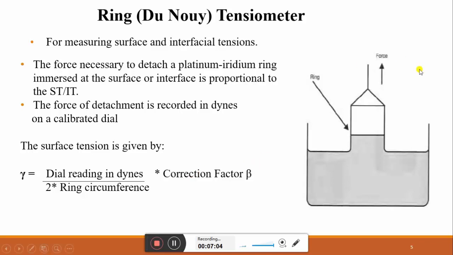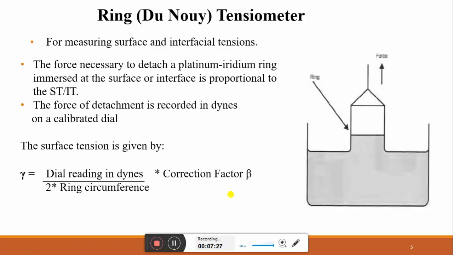Here the correction factor includes the radius of this ring and the radius of the wire which is used for preparation of this platinum iridium ring. Depending upon the different radius of the wire or radius of the whole ring, it leads to a change in the dial reading.